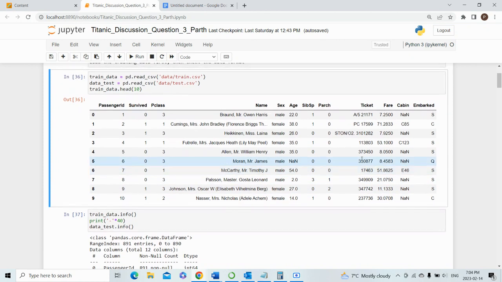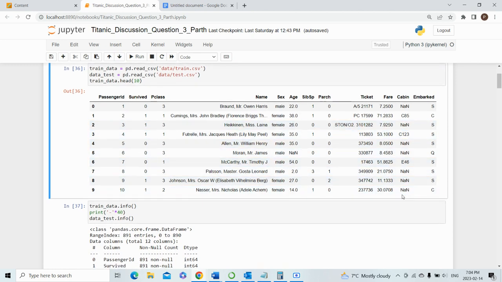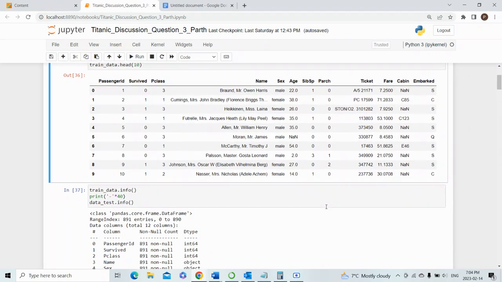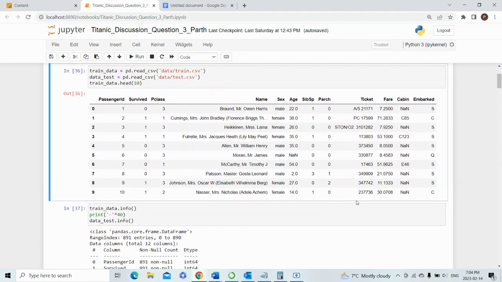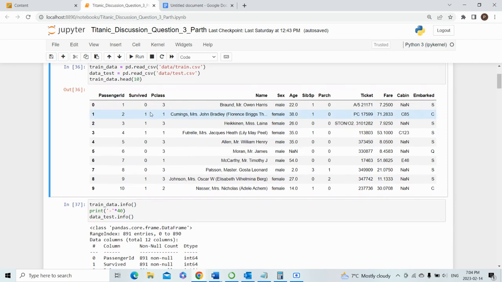We also see that in the dataset, the cabin column has several entries which are null, which do not have any data in them. We are going to talk about that in the further explanation. Currently I have headed just 10 rows of the entire data.